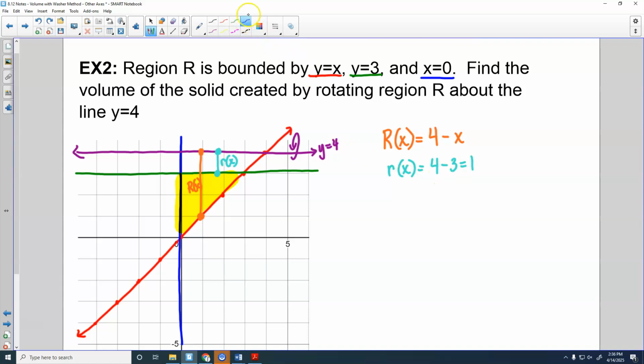So if we're setting this up, you can set it up separately. You can set it up as integrals together. I'm going to do both so you can see what it looks like both ways. You could do pi times 4 minus x squared, integrated from, what are our limits here?